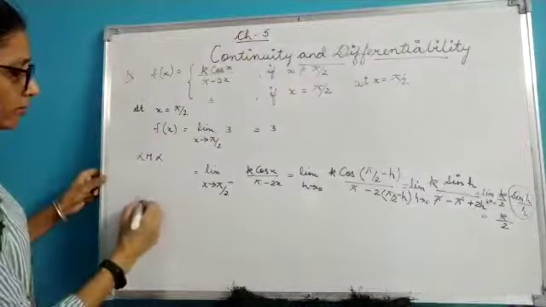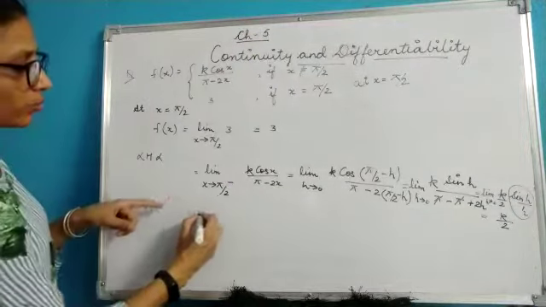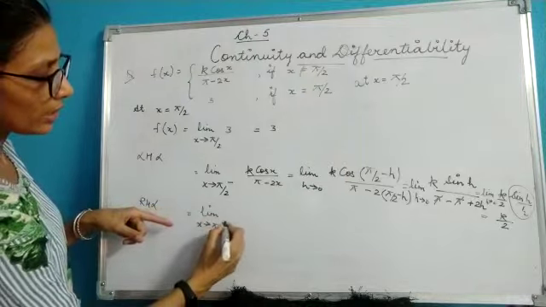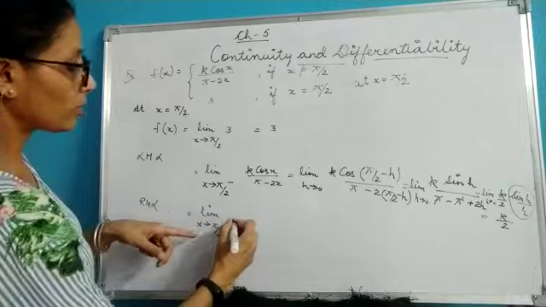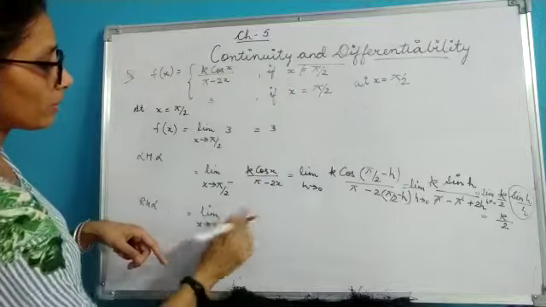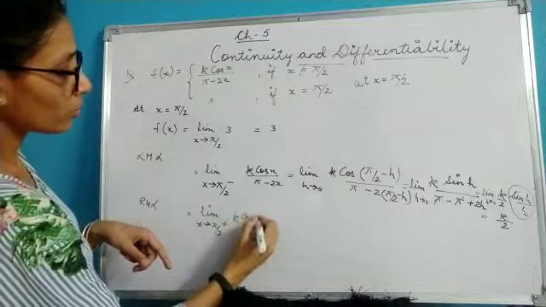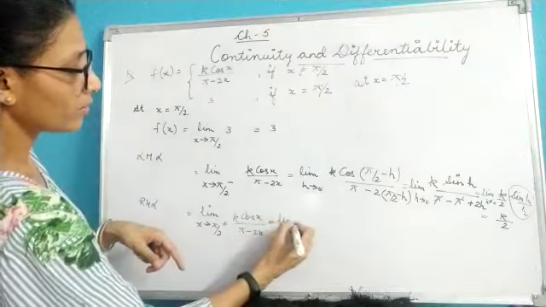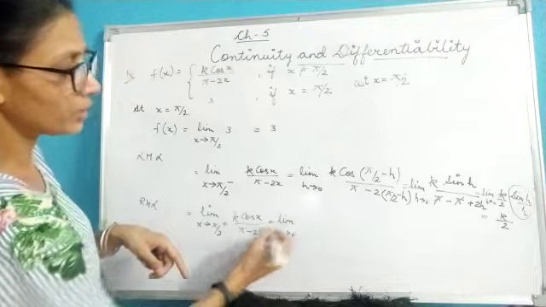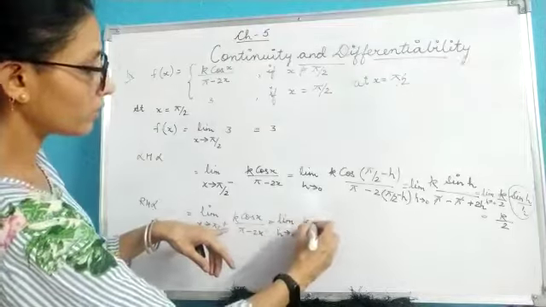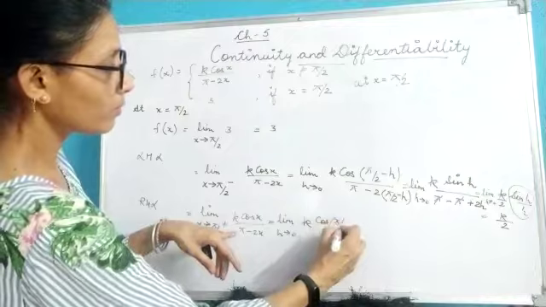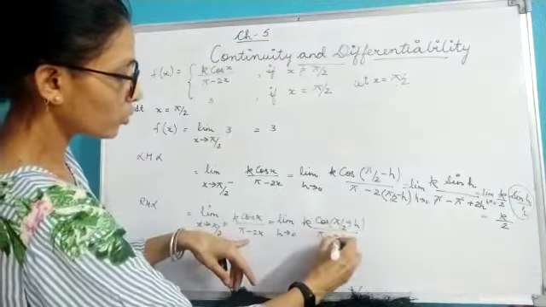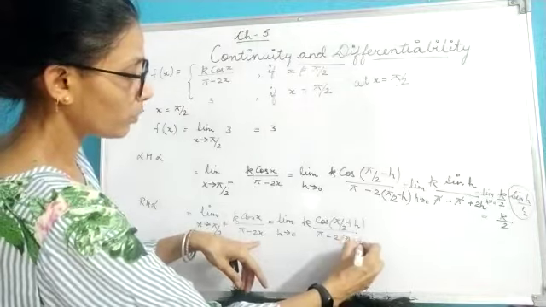Now you see, for RHL it should be limit x tends to pi by 2 slightly more than pi by 2. So here again your function will be this k cos x upon pi minus 2x. But when I am writing limit h tends to 0, then this will be k cos of pi by 2 plus h whole upon pi minus 2 times pi by 2 plus h.